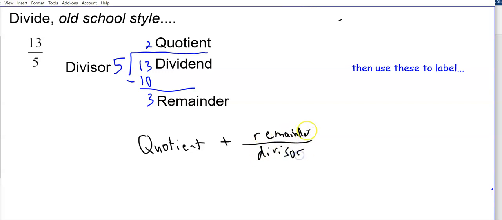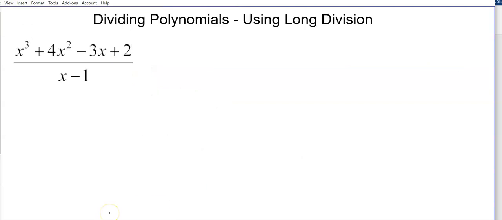So for example, if this was our question, the answer would be 2 plus the remainder, 3, divided by 5. So 2 3/5 is our answer. And that actually is the answer, right? 2.6 or 2 3/5 is the answer to this problem. Okay, so let's go to the harder problems.